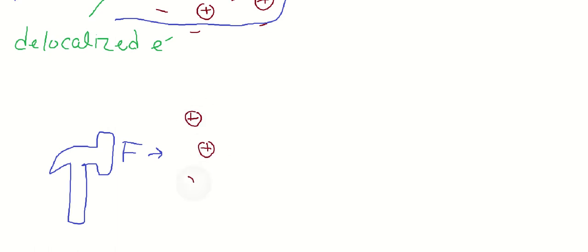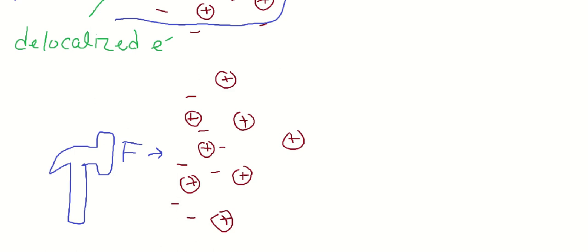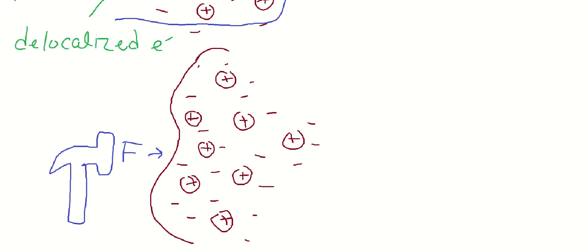So you have your sea of electrons, or your electron sea model. So this is a sheet of metal, and you have your ocean of electrons. And so what happens is you can change that shape. You can bend it.